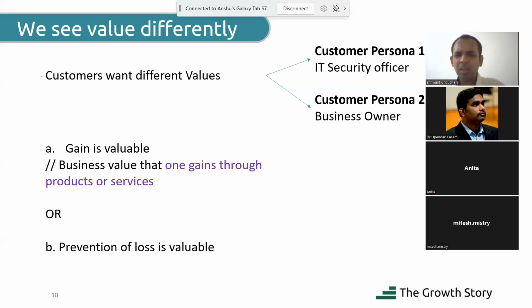Don't you understand business? If you don't, don't work on this project. And the IT security officer says, I want this product to be completely secure, no matter what it takes. Take one more iteration, two more, three more. I don't care. I want it to be perfectly secure, then only I will release it. That's it.